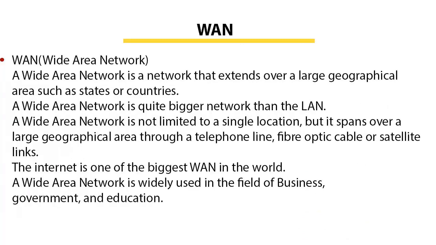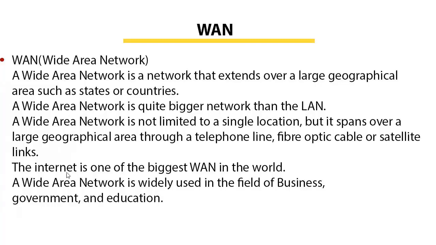Okay, then you have your next, that is your WAN. WAN is wide area network. Wide area network is a network that extends over large geographical areas such as states or countries. So the area for this type of networking is wide, big or large. Okay, a wide area network is quite bigger than LAN. A wide area network is not limited to a single location, but it spans a large geographical area through a telephone line, fiber optics or satellite links.